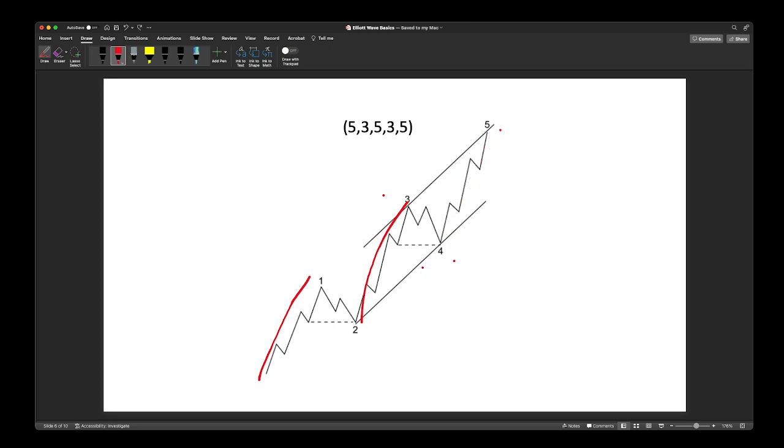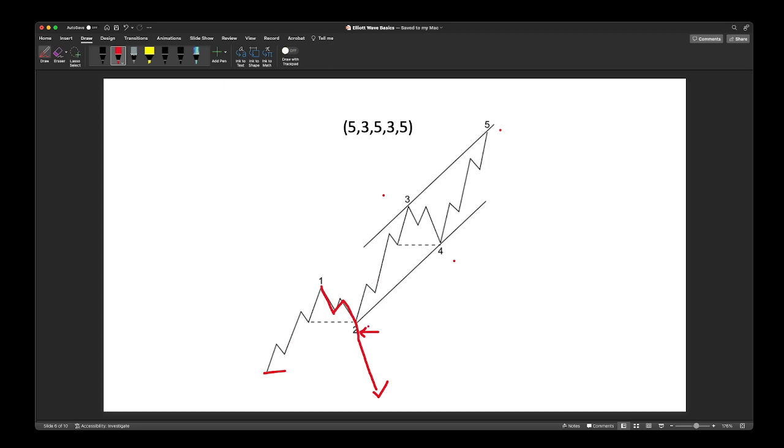Rule number 2. Wave 2, and these are rules, we can't break them, can never retrace, so that means fall down, 100% of wave 1. That's rule number 2.